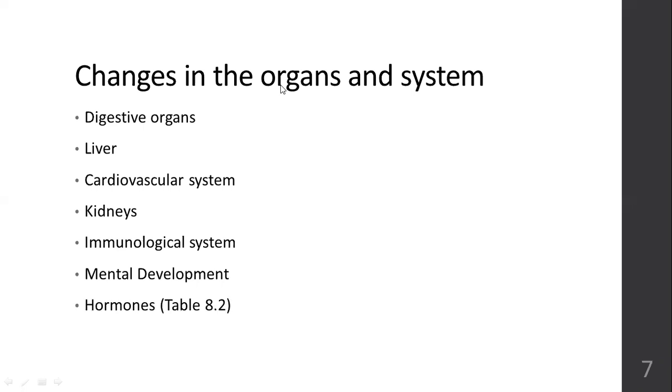Then hormones, you can see table 8.2. Those who have the textbook, you can note the page number as well. It's 160, if it is the same page number for you. Hormones: growth hormone reduces, insulin reduces with malnutrition. Insulin-like growth factors are also hormones that reduce. Epinephrine increases. Thyroid hormones reduce.